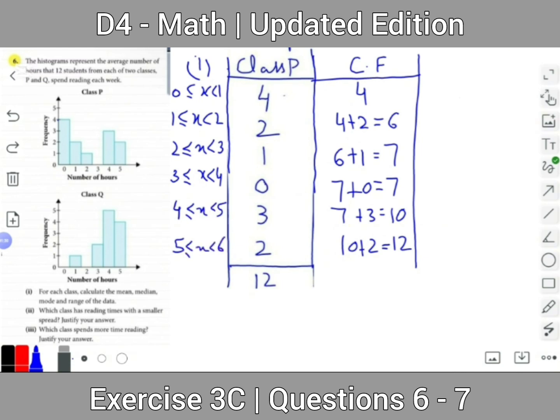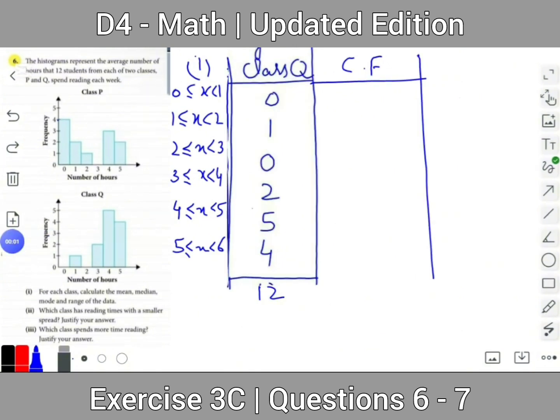So the median will be the mean of the two middle values here, and those are 1 plus 2 divided by 2, which is 3 over 2, and it will give us 1.5 hours. So the median will be equal to 1.5 hours.